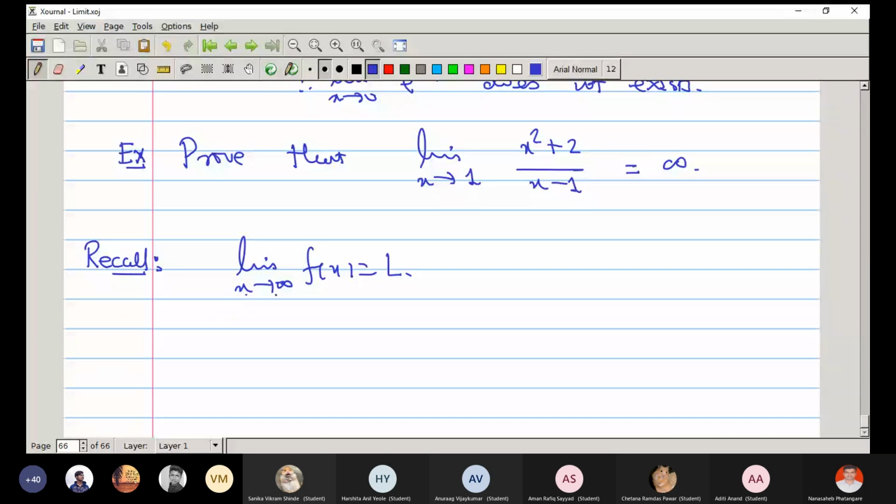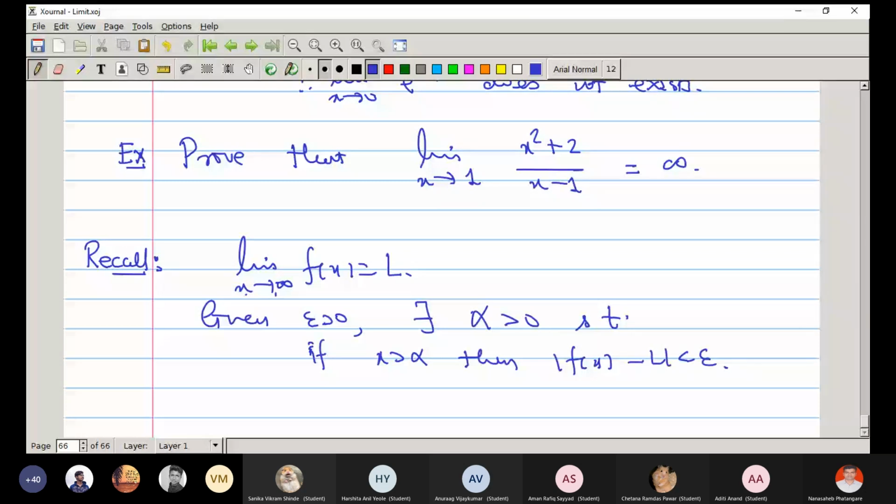But now here x tends to infinity. So given epsilon, there exists alpha such that if x greater than alpha, then the distance between f of x and L is less than epsilon. Do you agree with this definition? Do you understand? It is compatible with our basic definition of limit. Yes? Yes, sir.